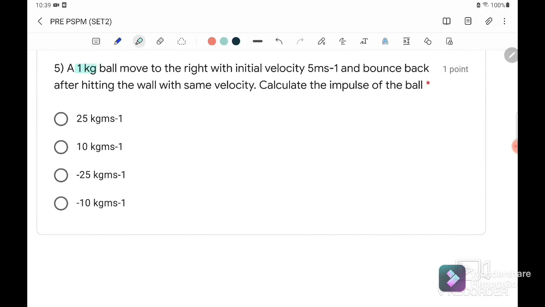Question number 5. A 1 kg ball moves to the right with an initial velocity of 5 meters per second and bounces back after hitting the wall with the same speed. When it bounces back, the direction changes, so we substitute negative 5 meters per second because the direction is to the left.